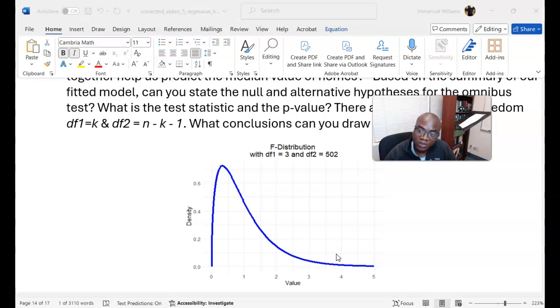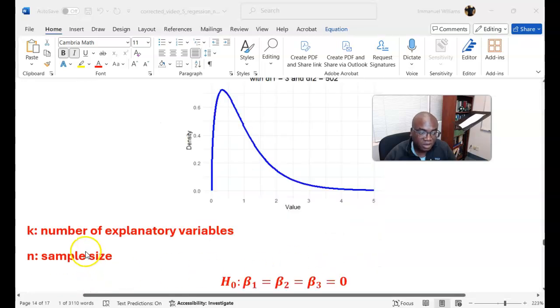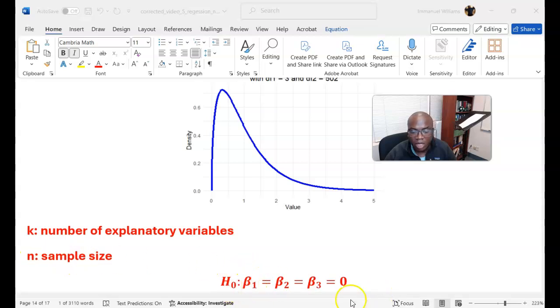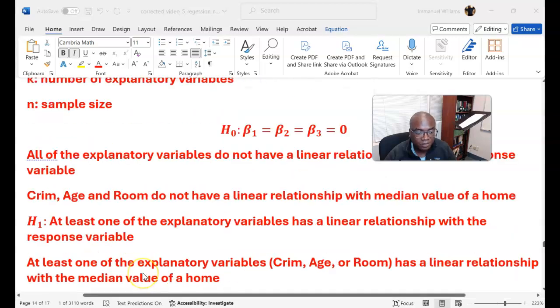Whereas my alternative is that at least one of them does. K is the number of explanatory variables, N is the sample size, and my null hypothesis is that beta 1 is equal to beta 2 is equal to beta 3 is equal to 0. So that means none of the explanatory variables has a linear relationship with the response. Whereas my alternative is that at least one does. There's no way to write it in symbols.